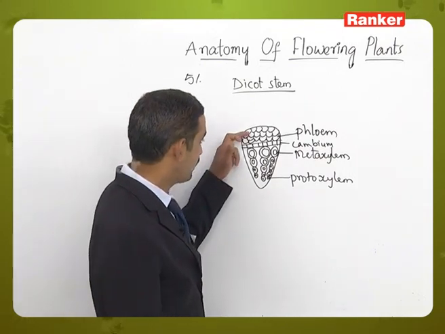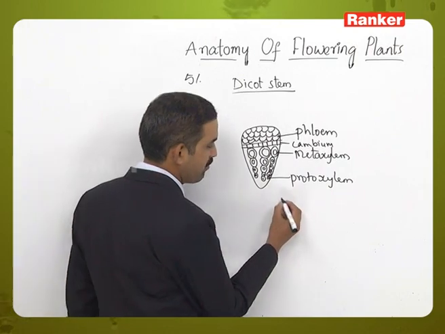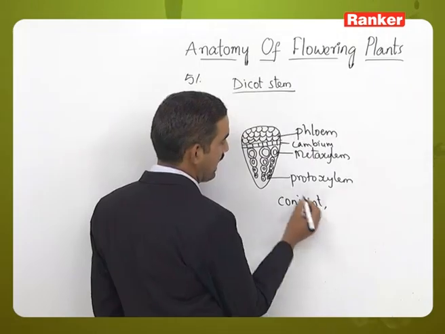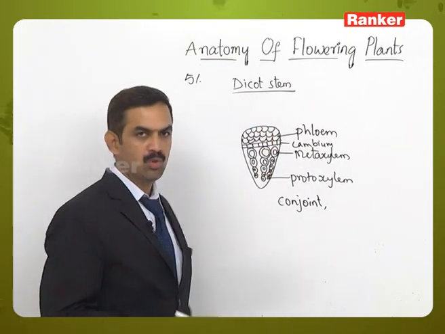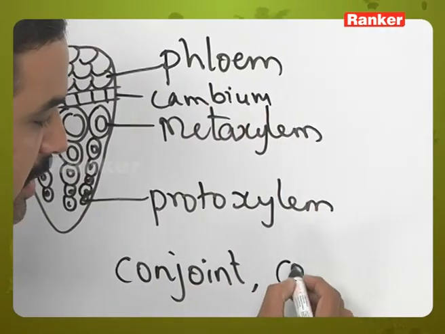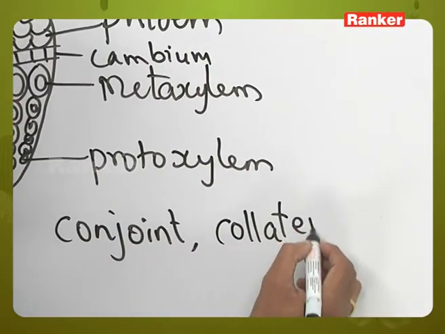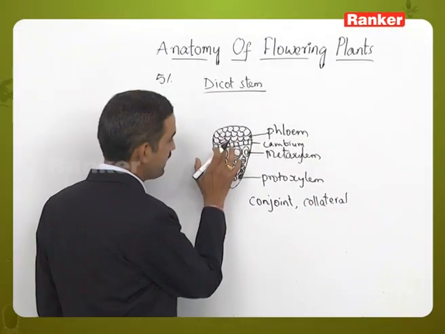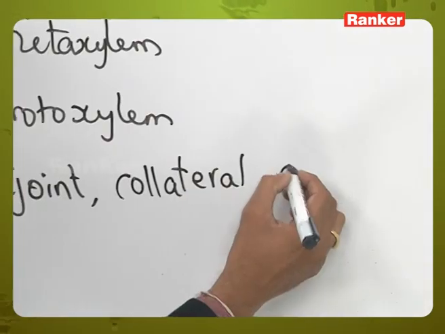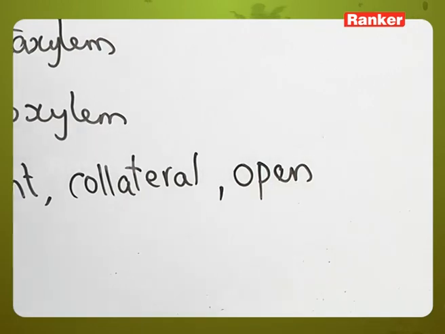So here both phloem and xylem are present in the same bundle, so we call it conjoint. And if we draw a line, both the xylem and phloem come on the same radius, so collateral. And separating the phloem and xylem, we can see the presence of cambium, so it is an open type of vascular bundle.